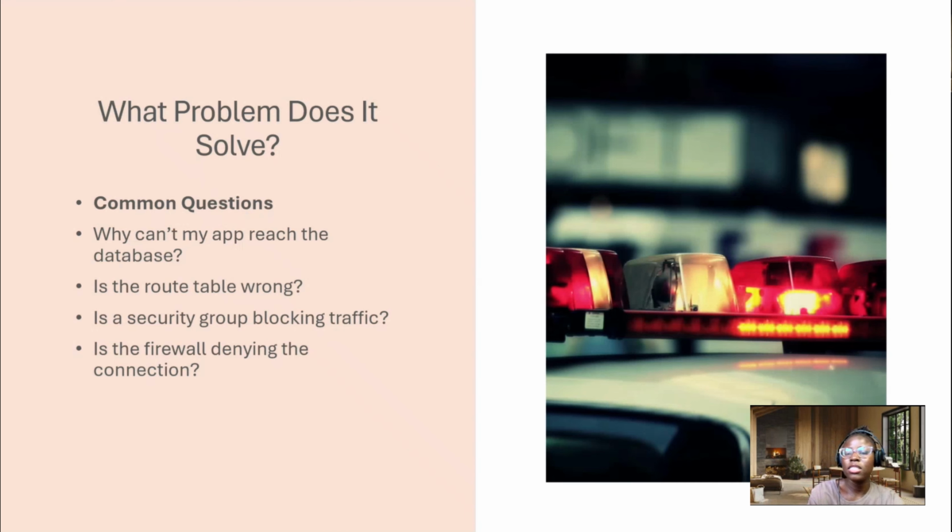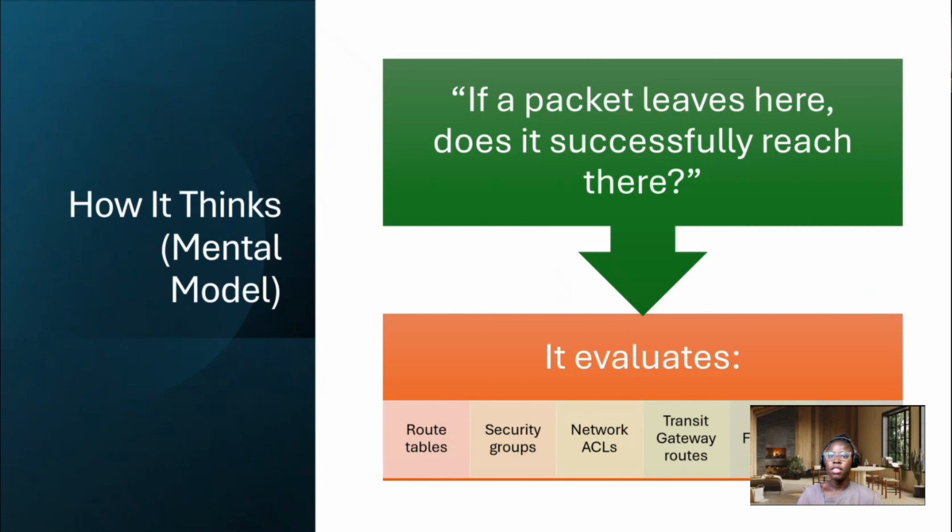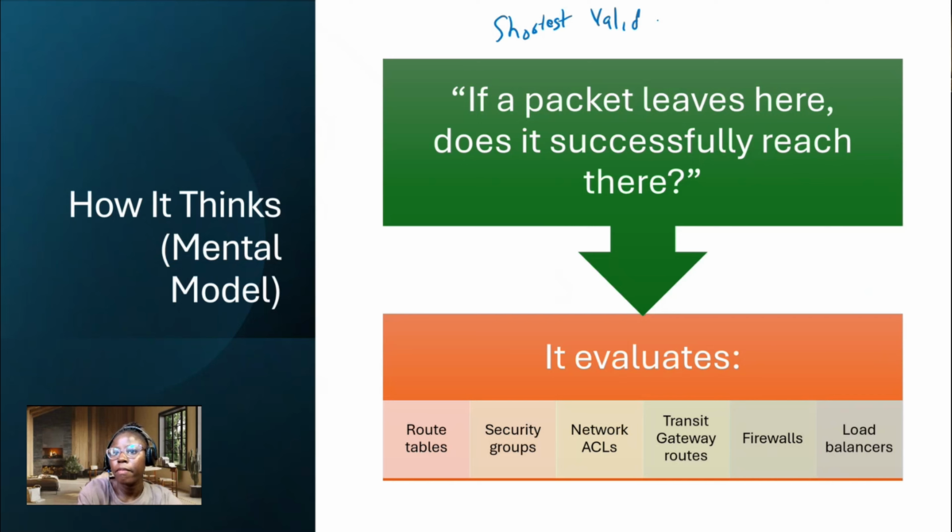So, some questions which the Reachability Analyzer can answer. Why can't my app reach my database? Is my route table wrong? Is my security group blocking traffic? Is there any firewall denying the connection? If you take a look at the mental model of this, it's going to follow the shortest valid path and explain every decision which was made along the way.